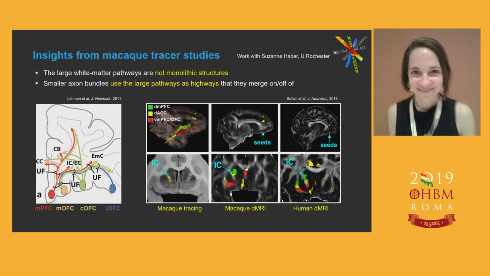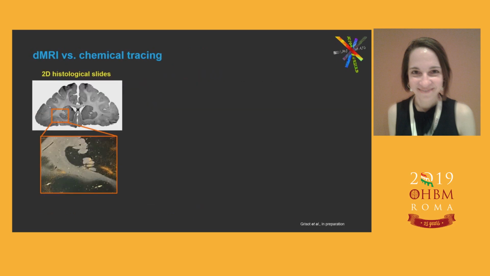This is in the middle column. And then on the right, using the b equals 10,000 human in vivo data from the MGH Human Connectome Project. So this suggests that ideas that we can get by comparing the diffusion to the tracing in the monkeys, we can then apply to improve how we analyze the human data.